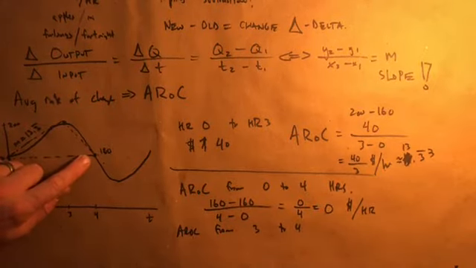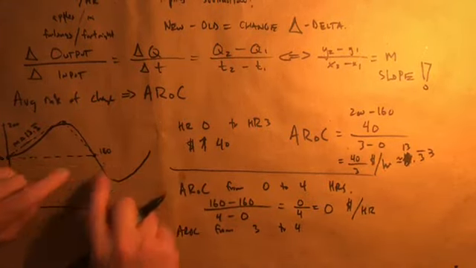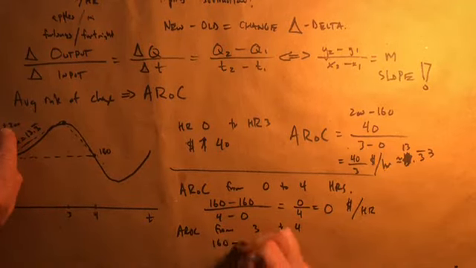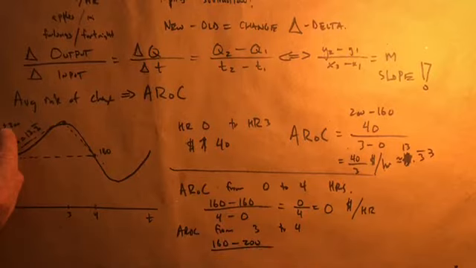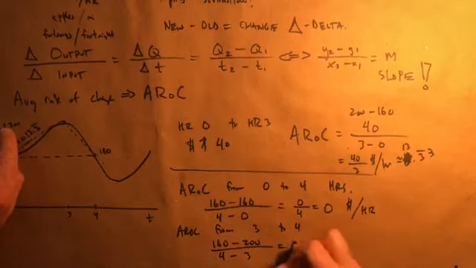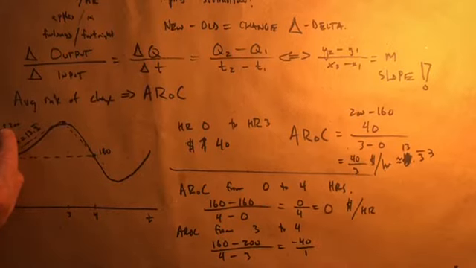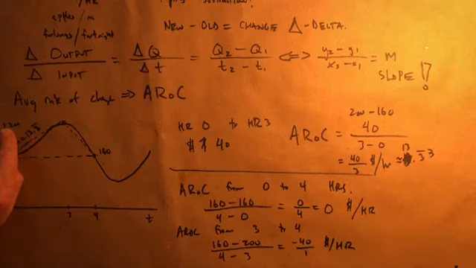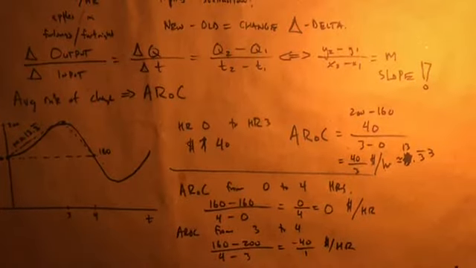Well, we have the point 4, 160 and the point 3, 200. So we can do 160 minus 200 over 4 minus 3, dollars per hour. So, as much as I love all of these things, it's super important to be able to interpret them. And that's what's coming next.